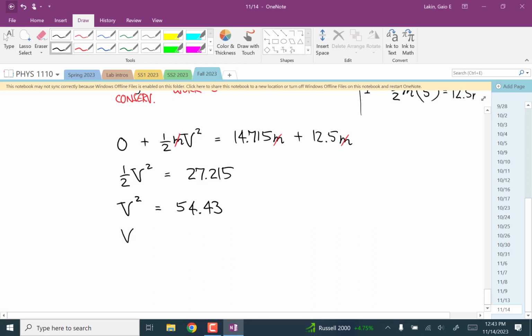Take the square root of both sides, and you get that v is equal to plus or minus 7.38 meters per second. And this is a speed, so we just want the positive one.